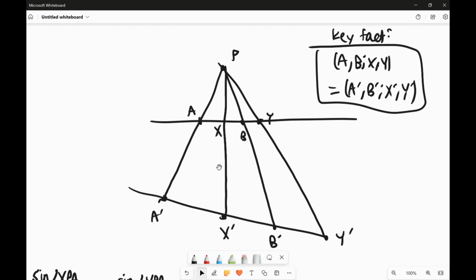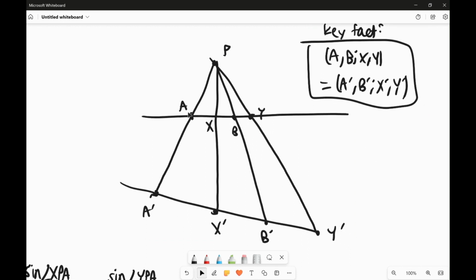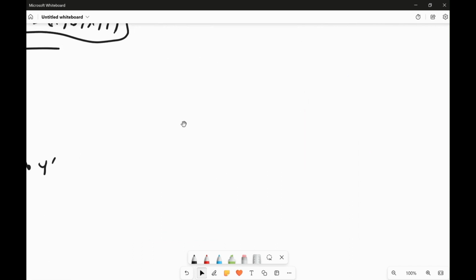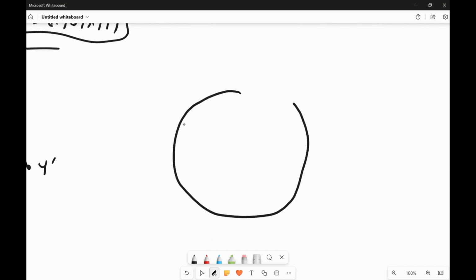This is really important because now we can project from one line to another. We can project cross ratios, hence the name projective geometry. Oh, and because we have cross ratios between lines, we can have cross ratios of points on a circle.